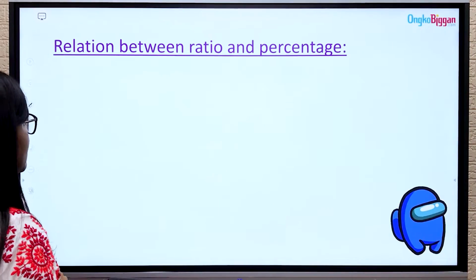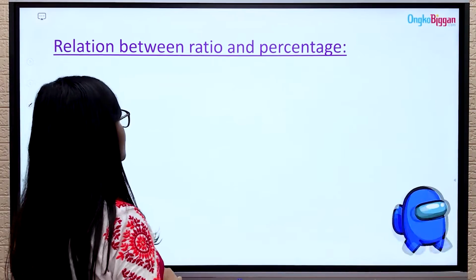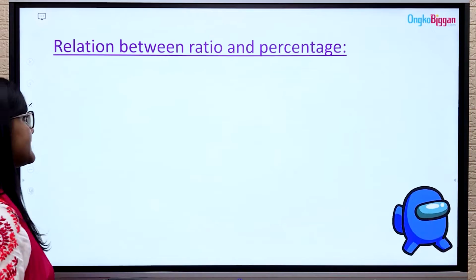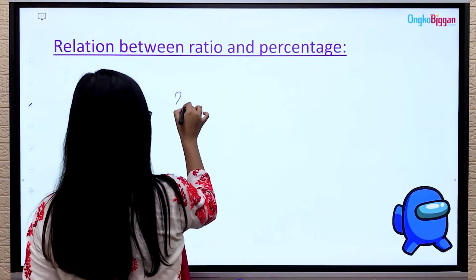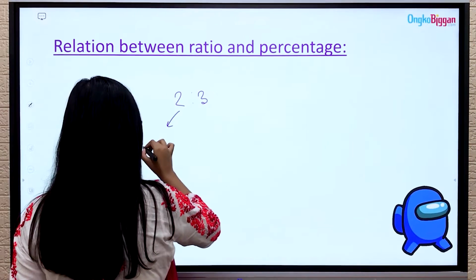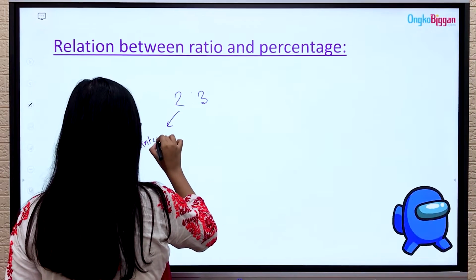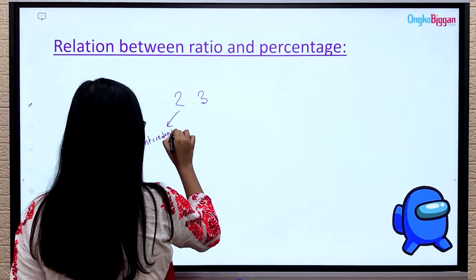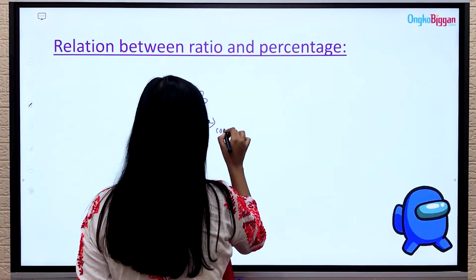So, the relationship between ratio and percentage. In case of ratio, we have an antecedent and consequent.